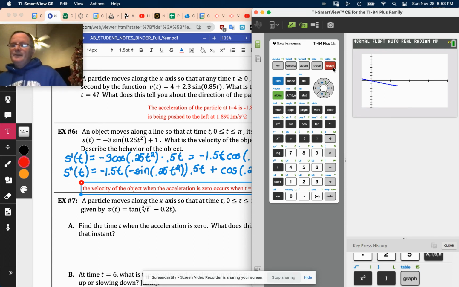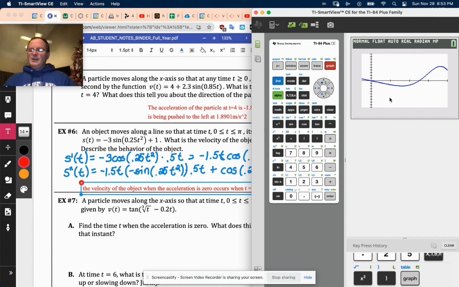If I look at the graph, there's the velocity equation. If I wanted to know where the acceleration is equal to 0, that's going to be the bottom of this little hill, not velocity equal to 0. Acceleration is equal to 0 on the velocity graph whenever it bottoms out, because the acceleration was negative and then it was positive. So at this moment, it had to be 0.